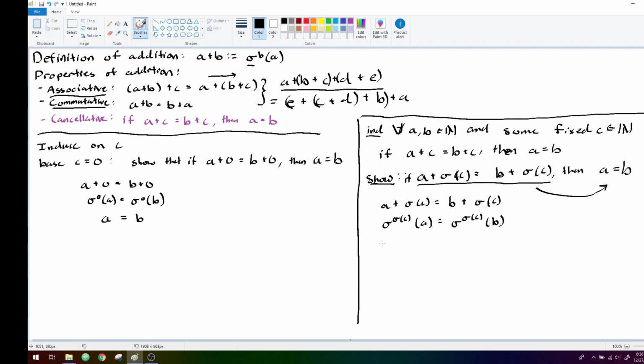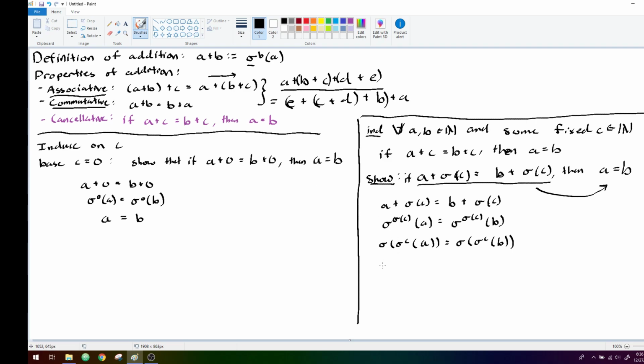We get to pull down the sigma up there and apply the function one more time. So this is sigma applied to the result of having applied sigma c times to a. That is really a mouthful to say each time. And on the right side, it's going to be the same thing, except that's all being done to b.